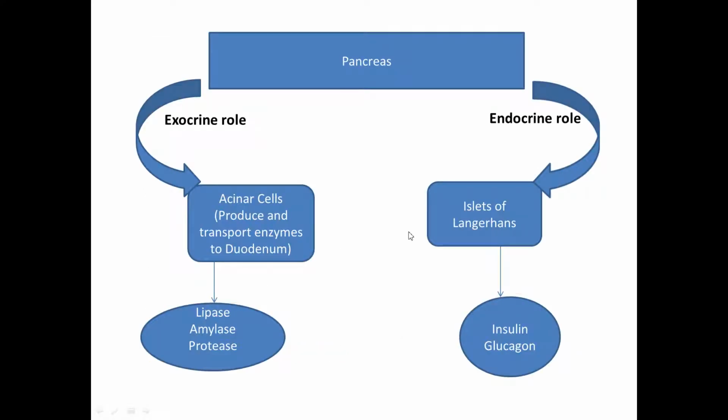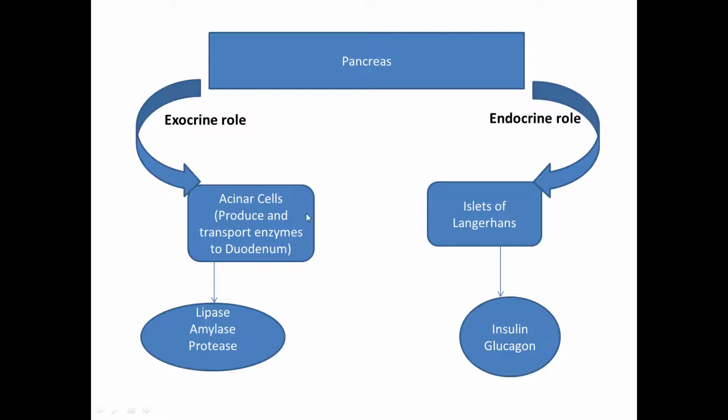The pancreas has both exocrine and endocrine roles. As we discussed in the figure earlier, the acinar cells present in the pancreas are responsible for production and transport of enzymes to the duodenum.